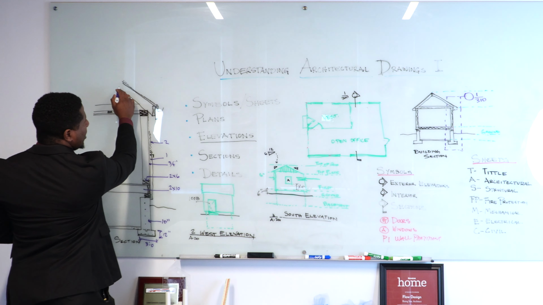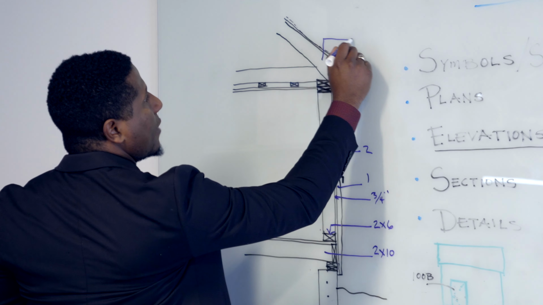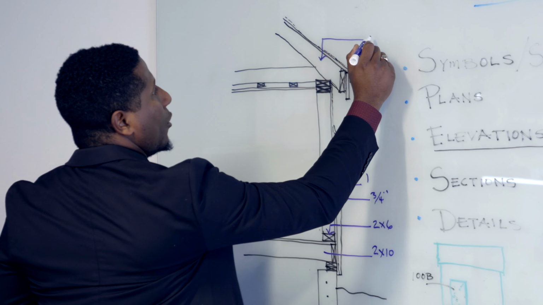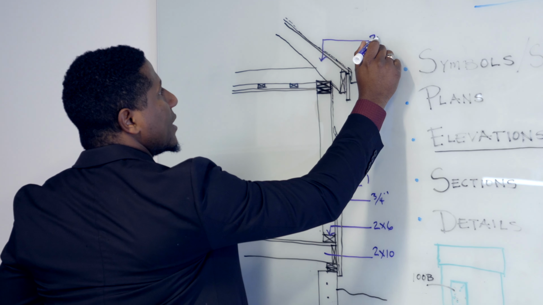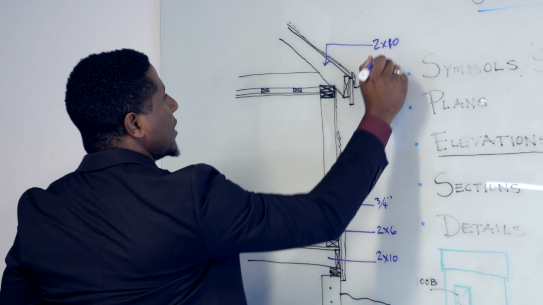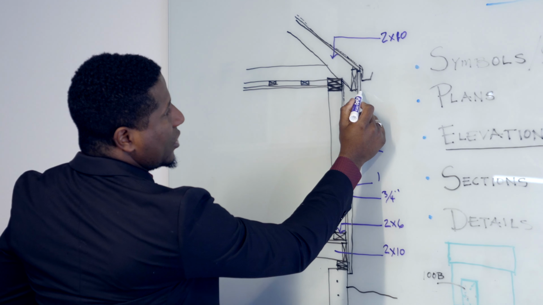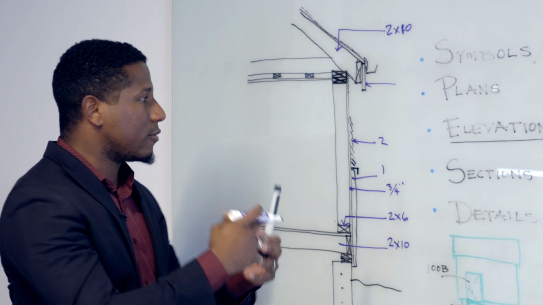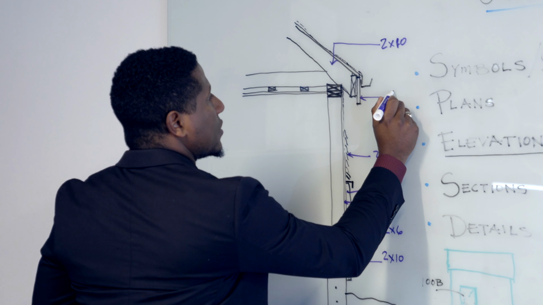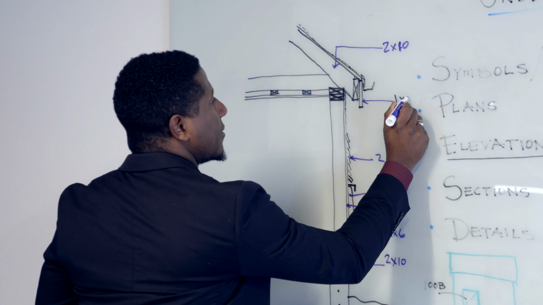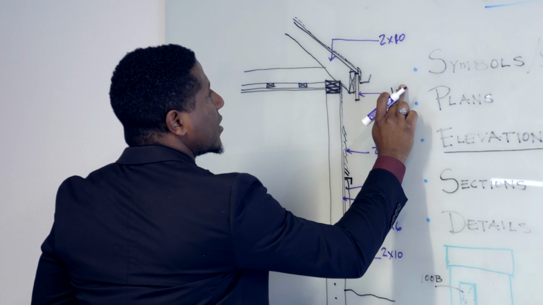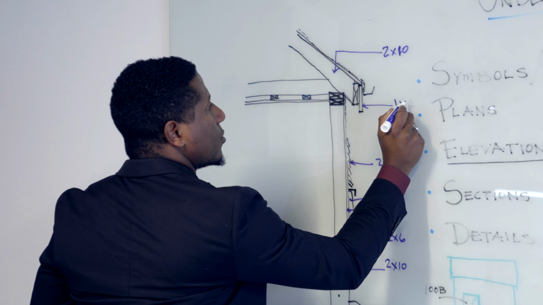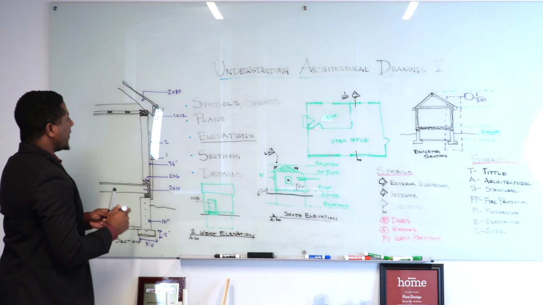You can see the relationship of the roof rafters, and how they connect. So this is maybe a 2 by 10 roof rafter. You can see the fascia, and how that is connected to your roof. So let's say this is a 1 by 8. Well, actually, if this is a 2 by 10, let's say this is a 1 by 12 fascia.